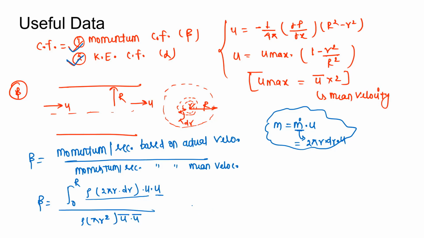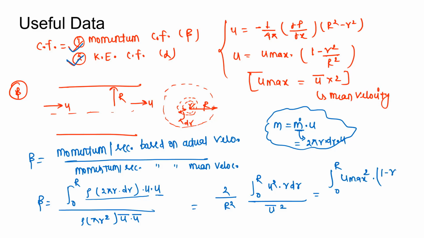If you solve this, we get 2 by R square integration 0 to R of u square into small r into dr divided by u bar square. Further solving, we can write it as integration 0 to R of u max square into 1 minus r square by R square whole square into r dr divided by u max by 2 the whole square.